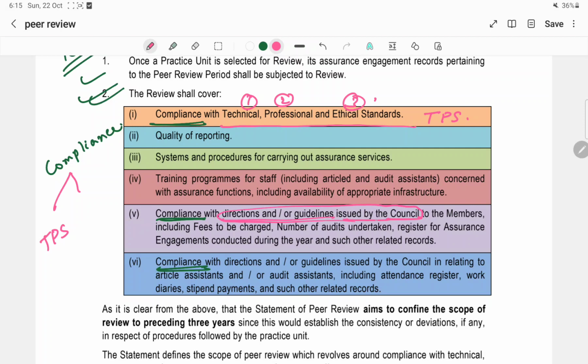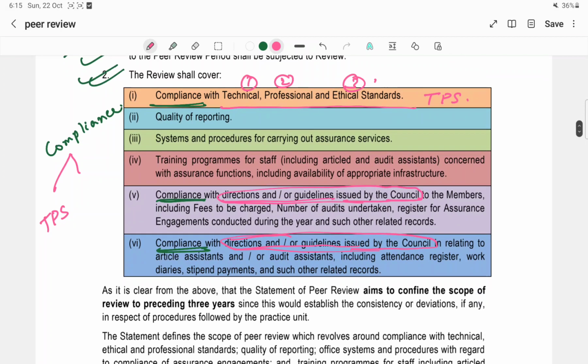See, till here it will be the same in both points: compliance with the directions and guidelines issued by the council. But issued to whom? In one point they are talking about the guidelines issued by the council to the members, but in the second point they are talking about the guidelines issued to the articled assistants.